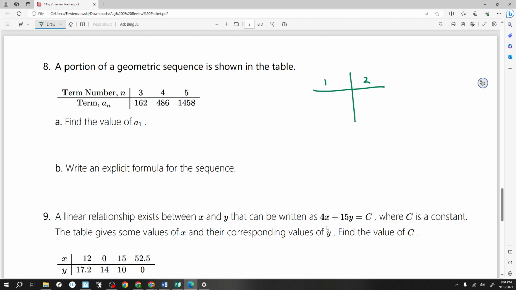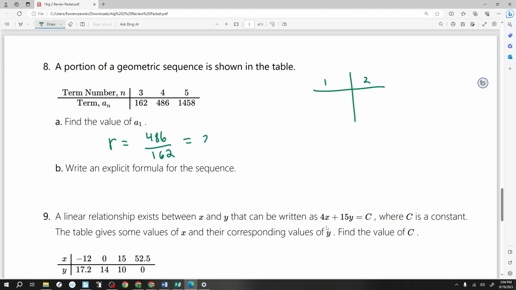Before we do that, what's the common ratio? How do we find the common ratio? Divide what? Yeah, so let's do 486 divided by 162.